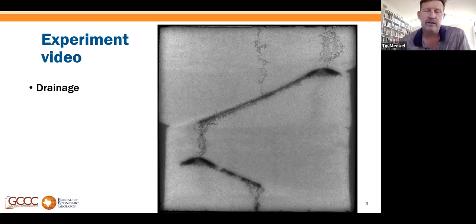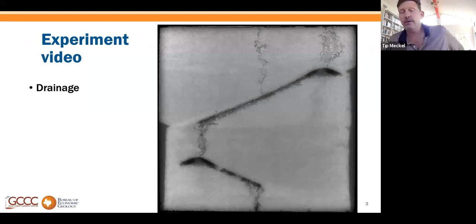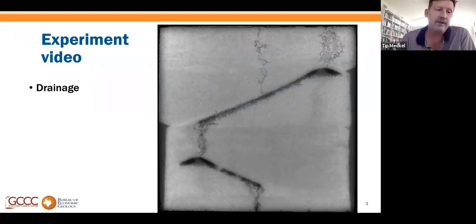So we know that the seismic response is dependent on the saturation. These experiments don't give us direct insight into the seismic response, but they do give us an insight into the saturation, and therefore what we would calculate to be a seismic response from a rock that's saturated in this type of manner.